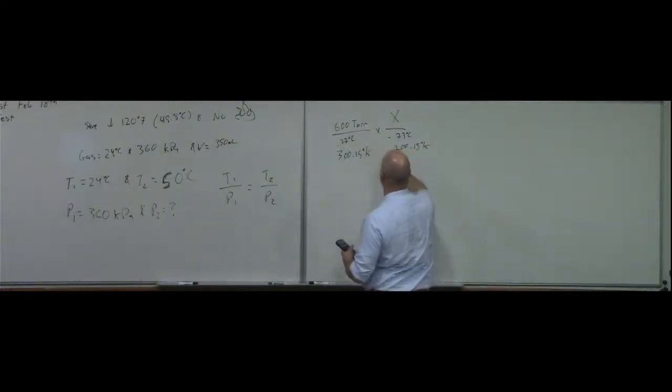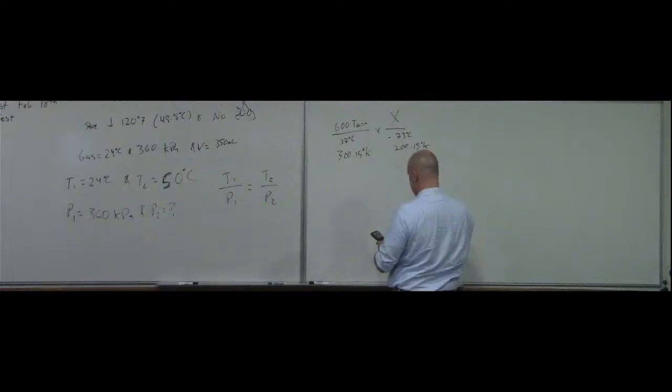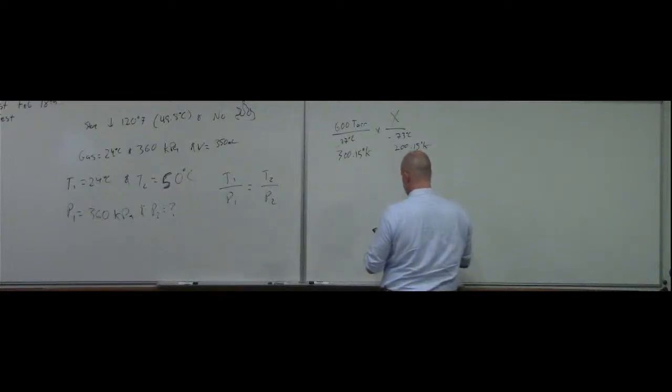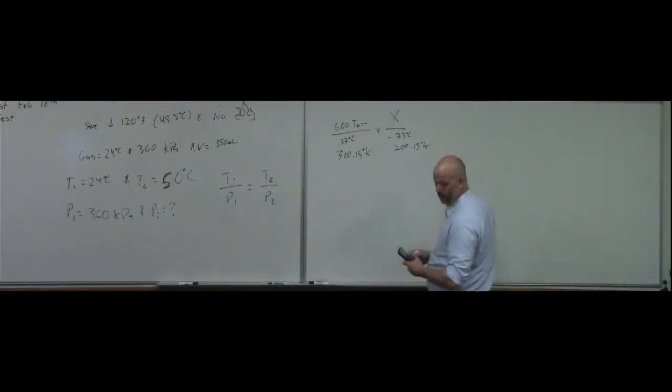So I cross multiply and then I divide, so 600 times 200.15 divided by 300.15, and you get 400 torr, which they agree is the right answer.